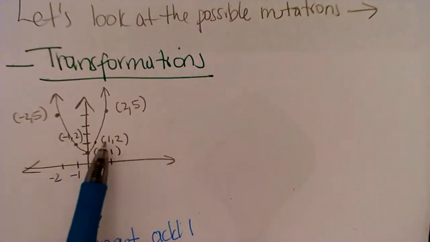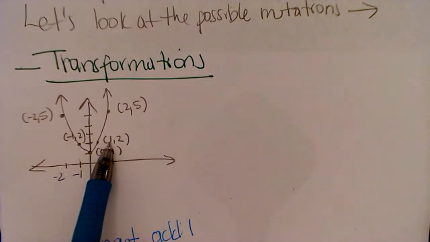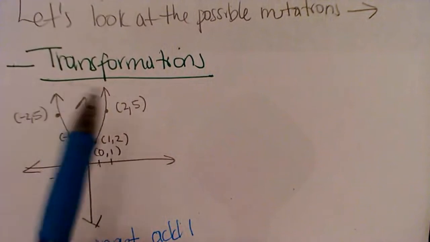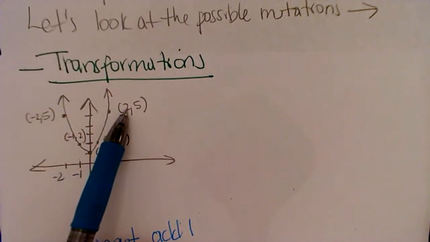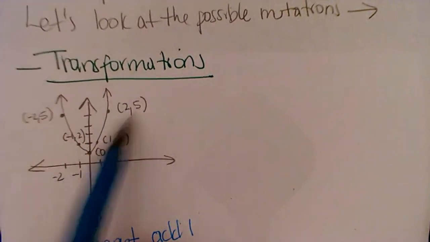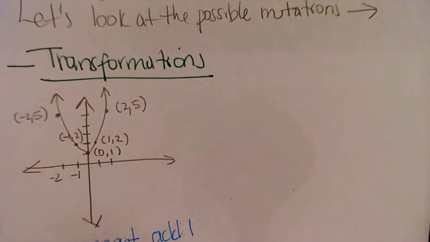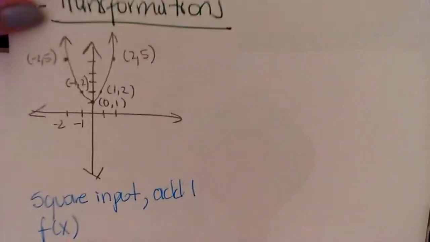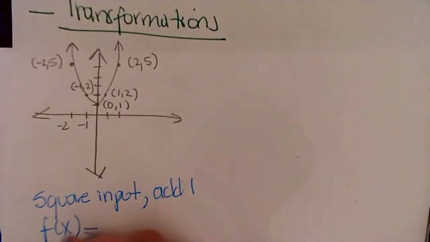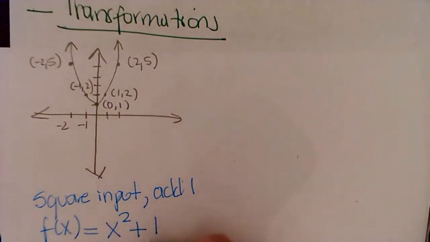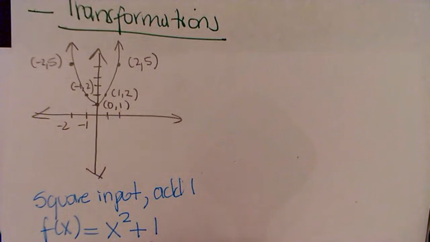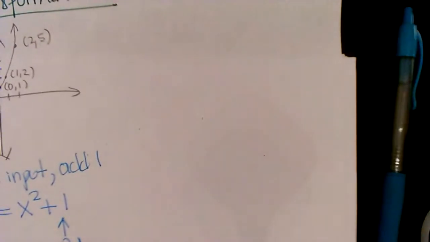Square the input, 1 times 1 is 1, plus 1 is 2. 2 times 2 is 4, plus 1 is 5. So what we have here is f of x is equal to x squared plus 1. And notice that this one is going up. We're going up 1.